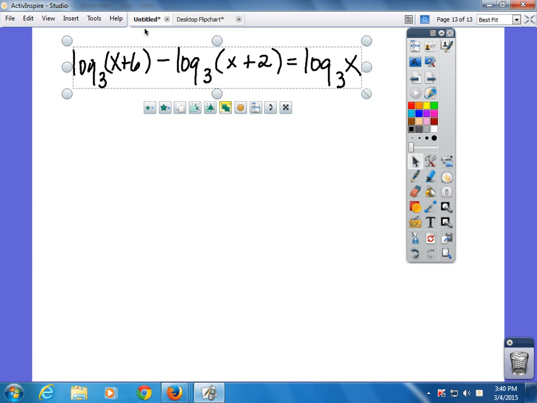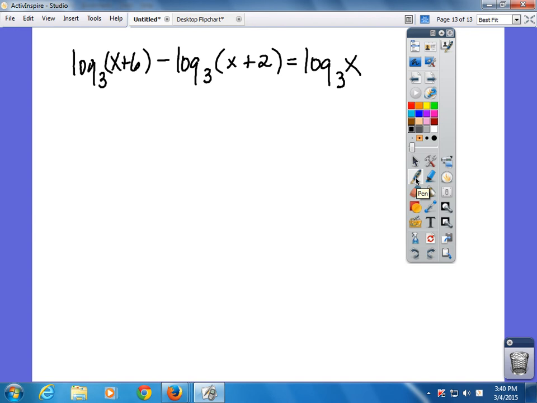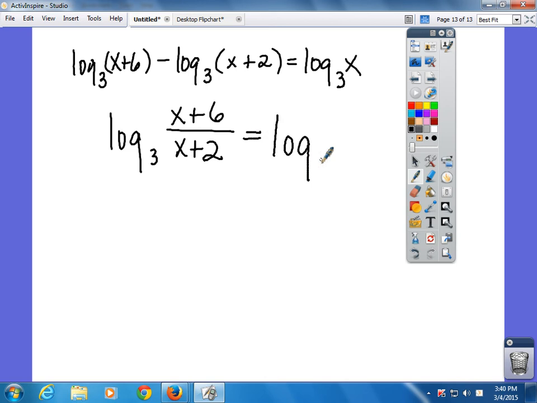So now we're going to rewrite the left side as log base 3 of x plus 6 over x plus 2 is equal to log base 3 of x. And this is a real simple equation because if you have the log base 3 of this is equal to the log base 3 of this, what can you do with these two guys?